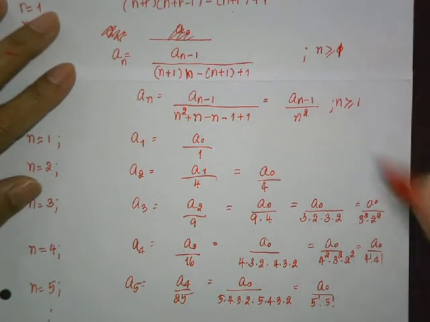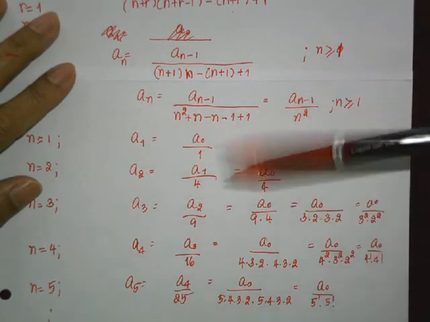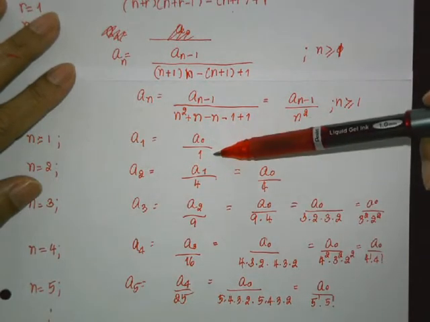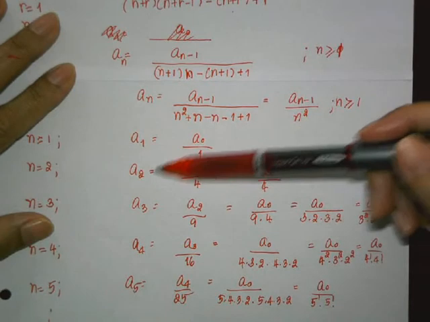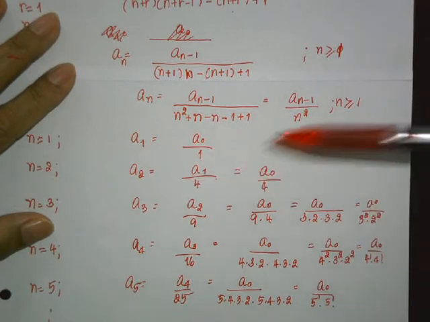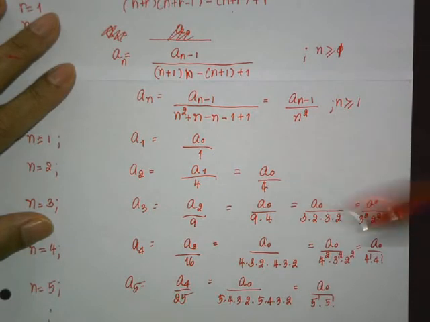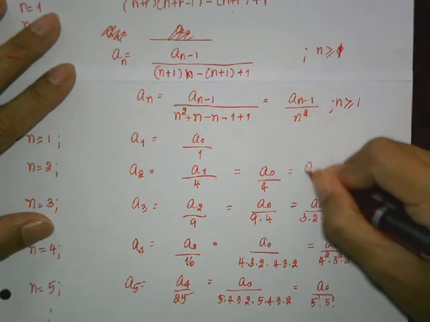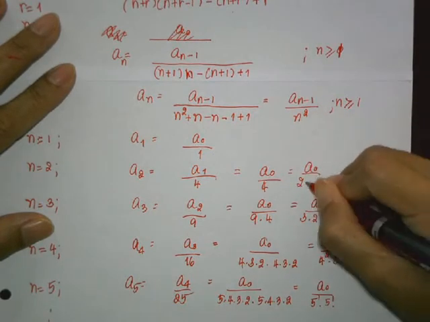So when we put n equal to 1 there, you would get a0 divided by 1. We put n equal to 2 there, we got a2 is equal to a1 divided by 4, or a0 divided by 4, which is a0 divided by 2 times 2.